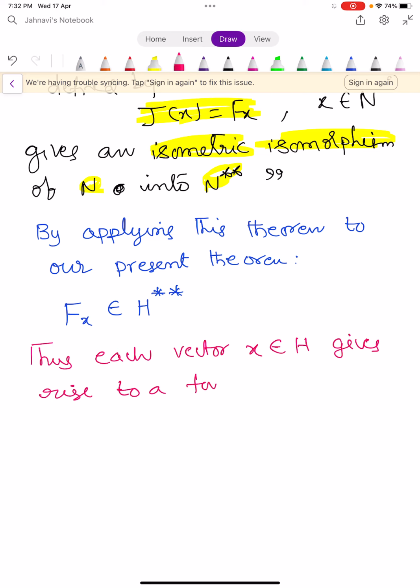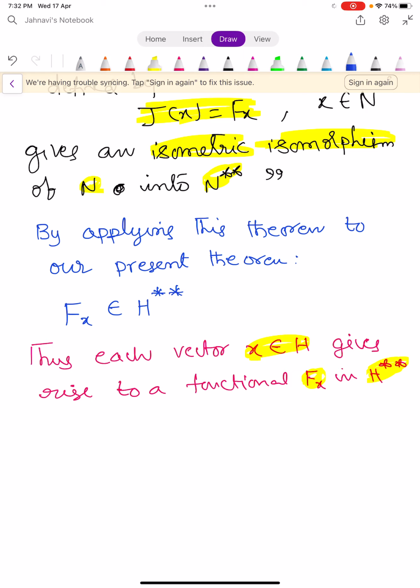This is the main point here. By applying that previous theorem to our present theorem, each and every x belonging to H gives rise to a functional capital Fx in the double conjugate, or second conjugate, space H double star.